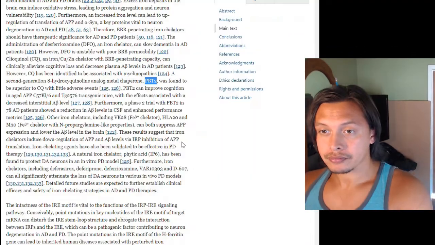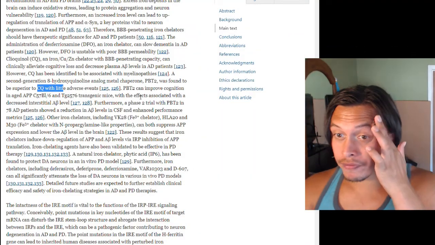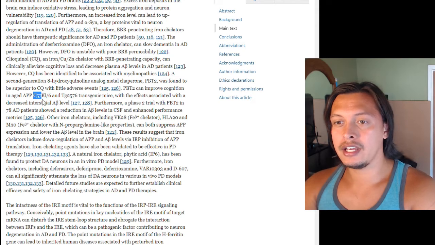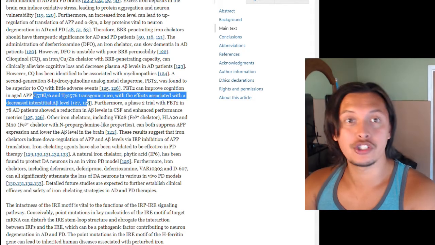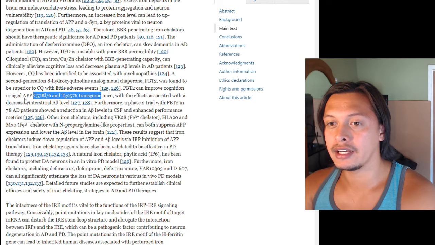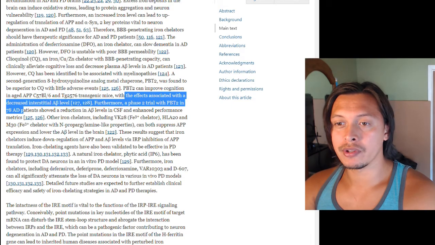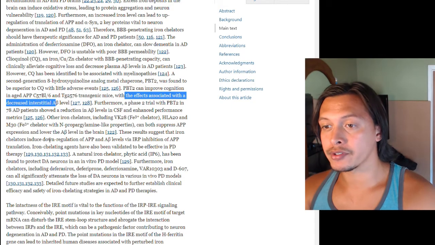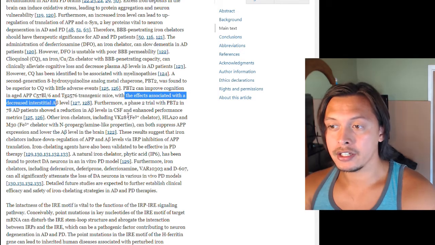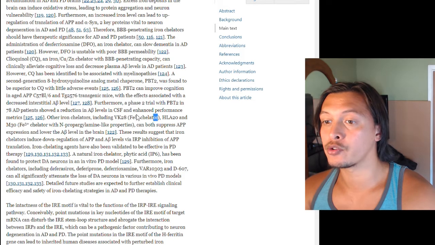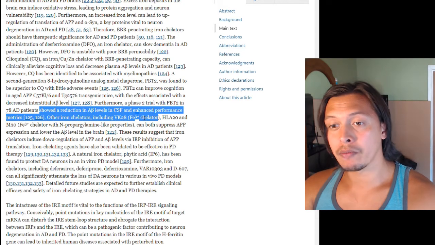So interesting, PBT2 can improve cognitive function in aged APP C50, okay, these transgenic mice, right, that have mutations that probably cause excess production of APP, with the effects associated with decreased interstitial amyloid beta levels. Furthermore, a phase 2 trial with PBT2 in 78 AD patients showed a reduction in amyloid beta levels in cerebrospinal fluid and enhanced performance metrics.